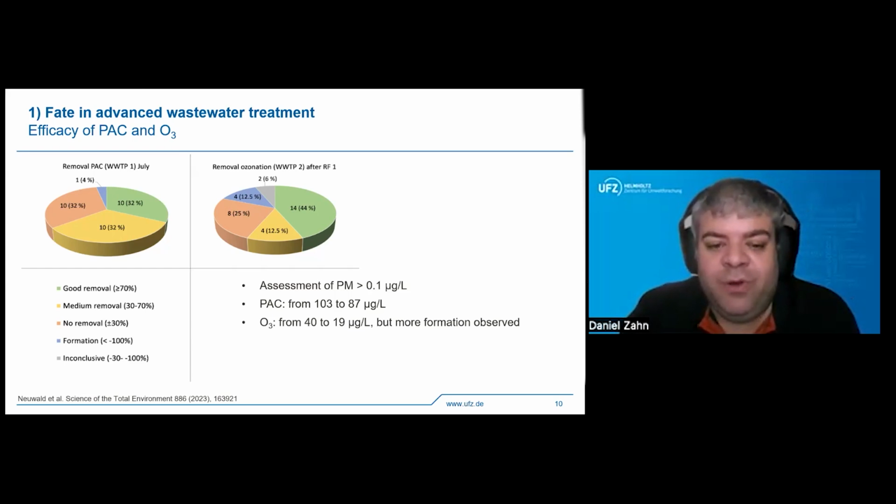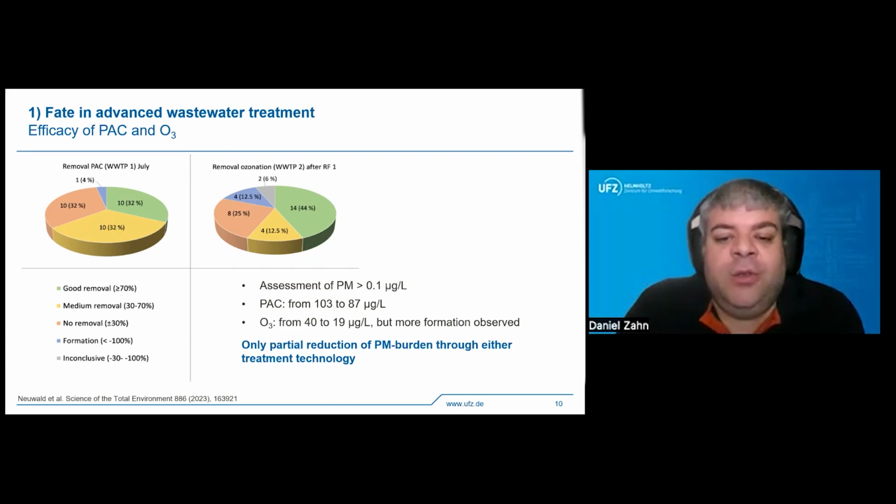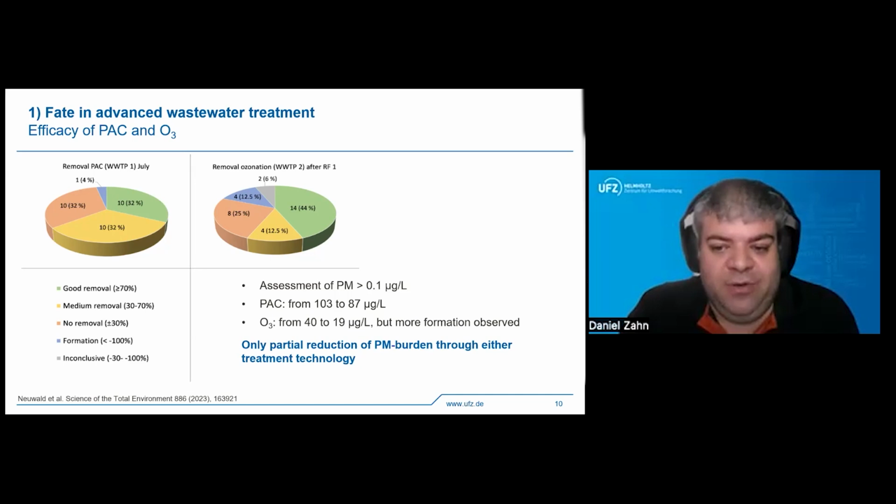It mostly removed the low concentration chemicals. The picture for ozone is a bit better. We reduced the PM burden by almost half to 19 micrograms per liter, but still we observe some formation. So both technologies only lead to a partial reduction of the PM burden in the wastewater, at most by half.